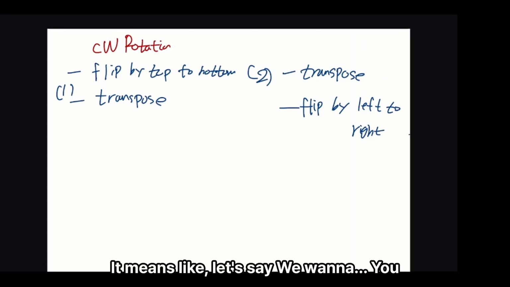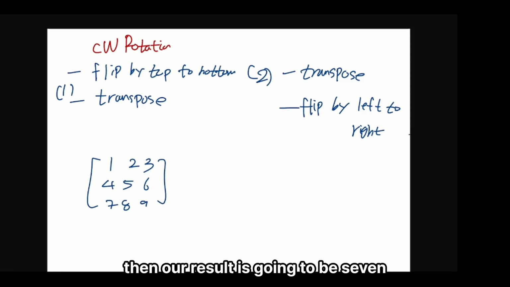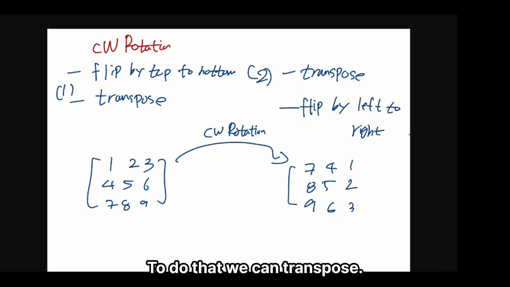What does that mean? Let's say we want to do a clockwise rotation here. Then our result is going to be 7, 4, 1, 8, 5, 2, 9, 6, 3, right?